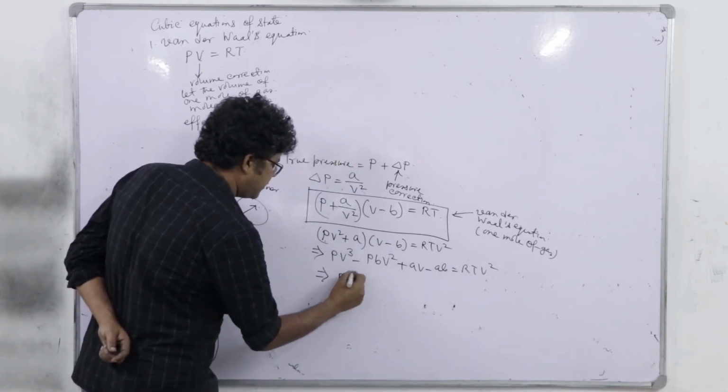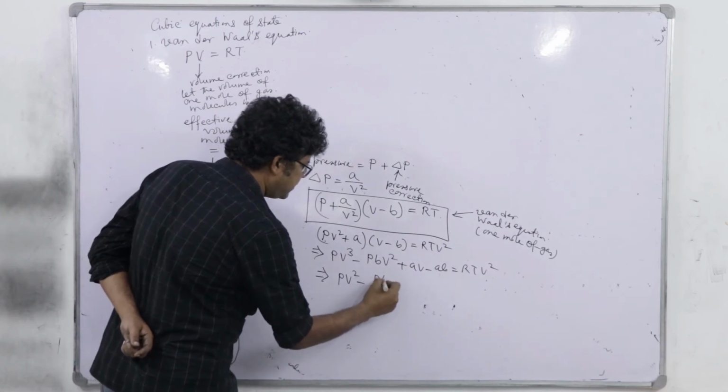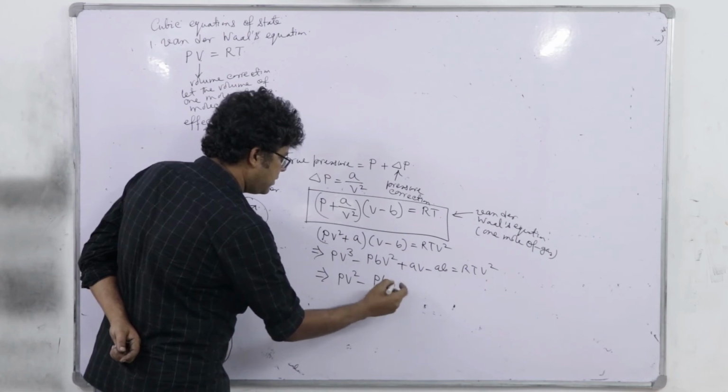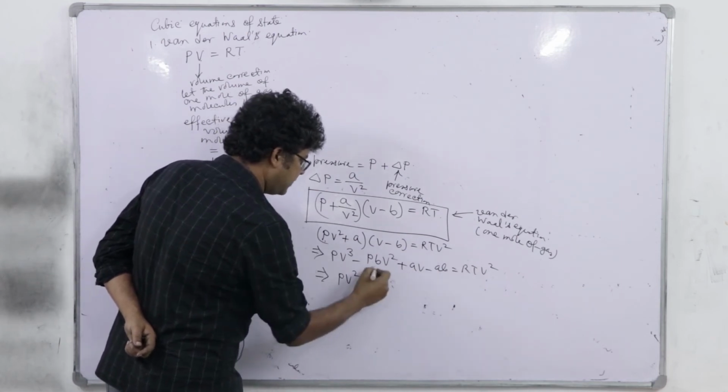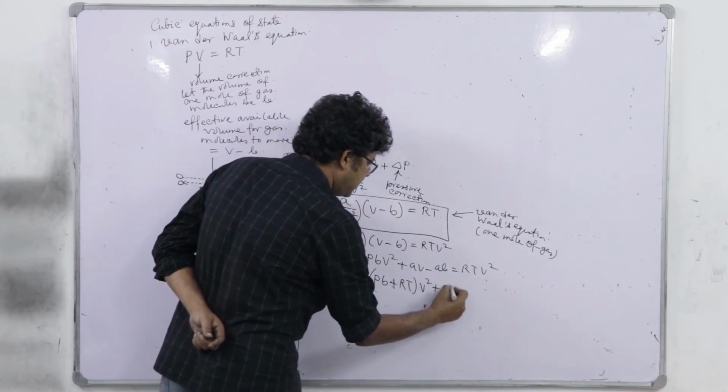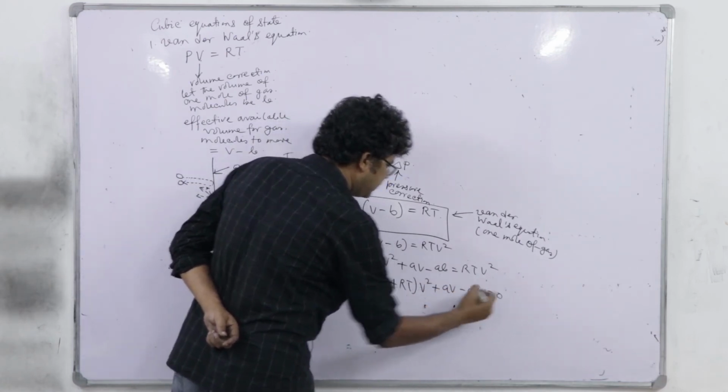So, it is PV cube minus PB plus RT times V square plus AV minus AB equal to 0.